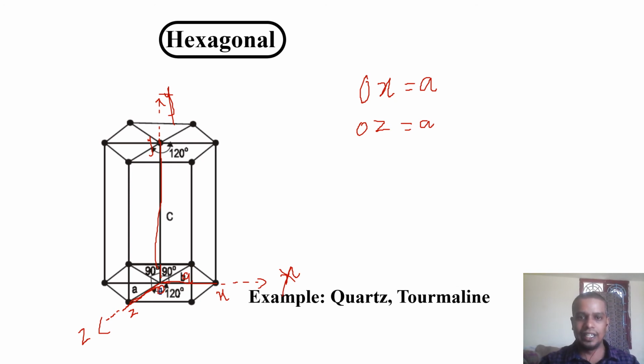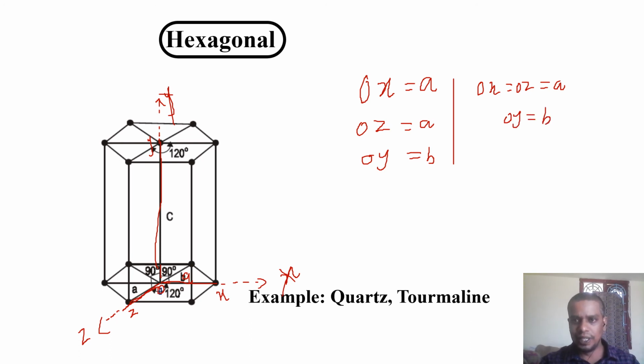The OY, that length is equal to B. So in the hexagonal crystal system, of the three intersecting lengths, OX is equal to OZ, they are equal to A. The OY is a different length, equal to B. Hence you can conclude OX is equal to OY is not equal to OZ. OZ is different from the OX, OY.